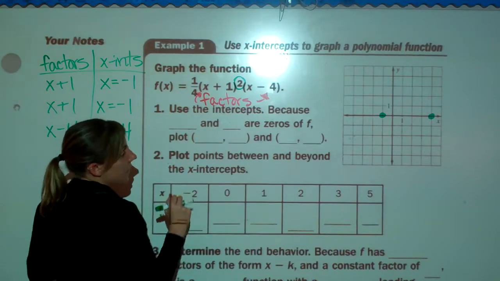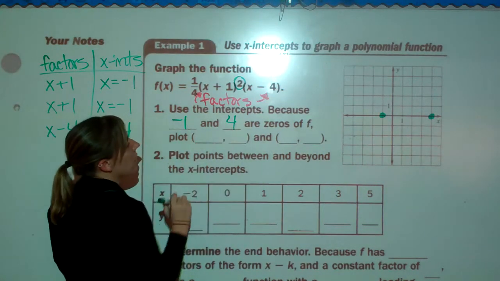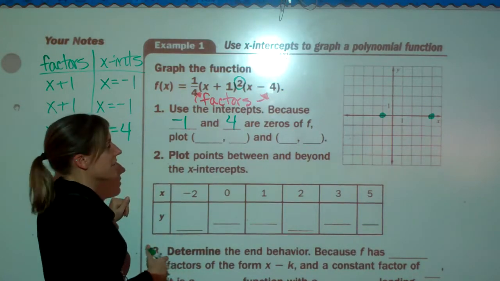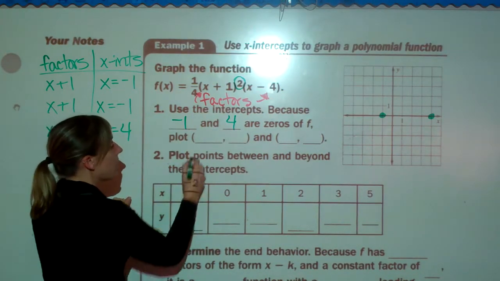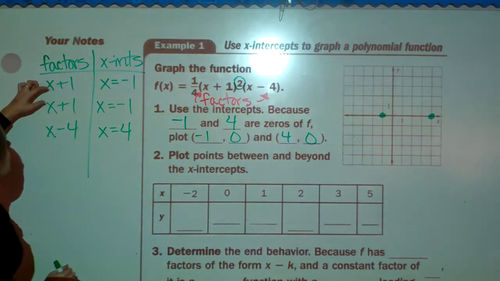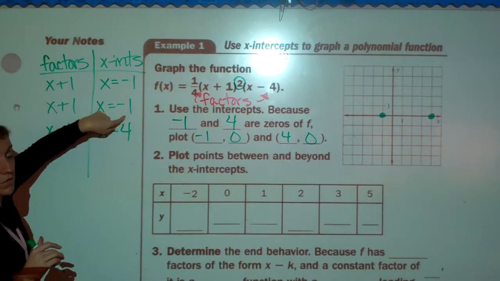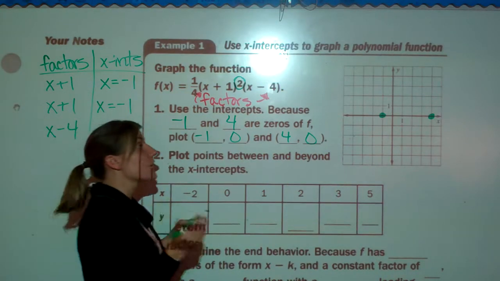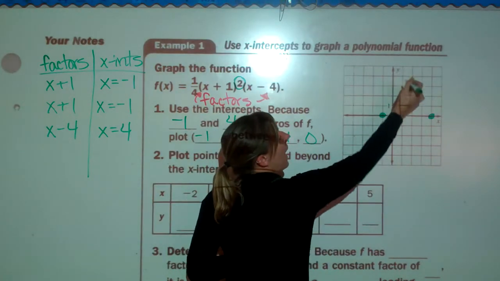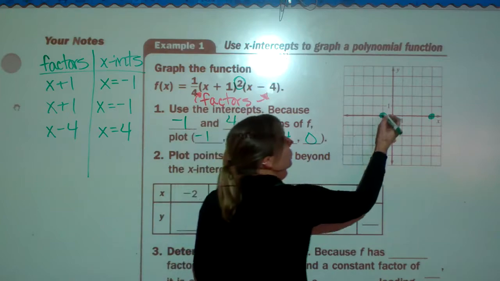So use the intercepts because -1 and 4 are zeros, same thing as x-intercepts, of f. So we plot -1, 0 and 4, 0. Even though there's two of these, -1 is the same thing for both of them. And what that means is when we draw our graph, instead of coming up, out, and hitting twice, this 2 stands for actually 2 answers.